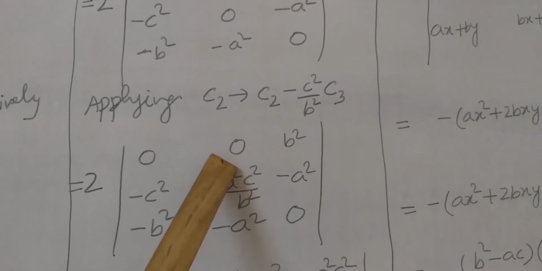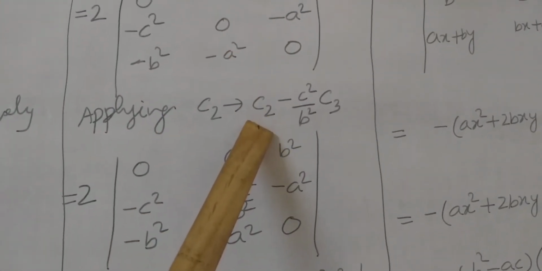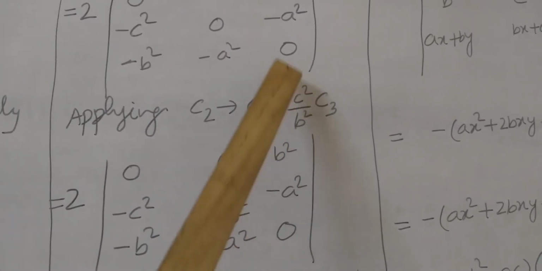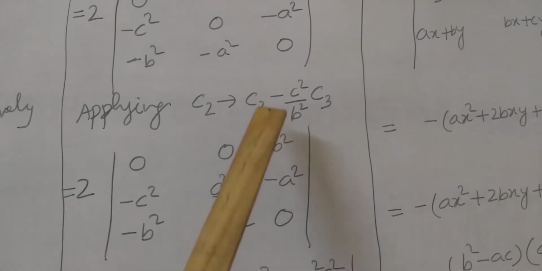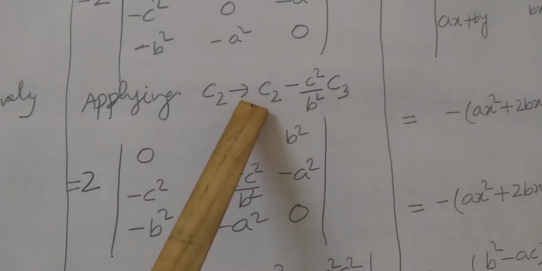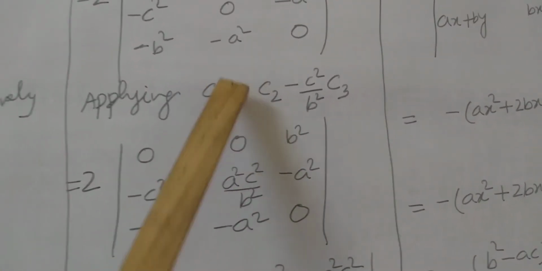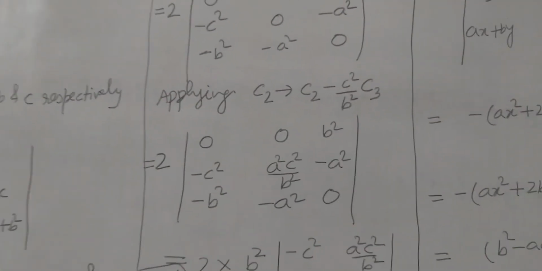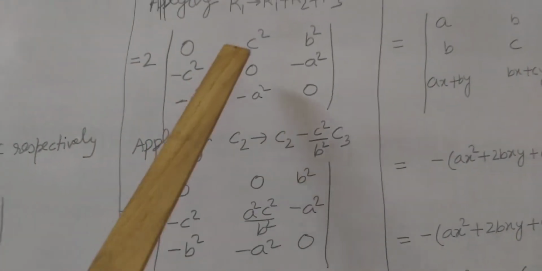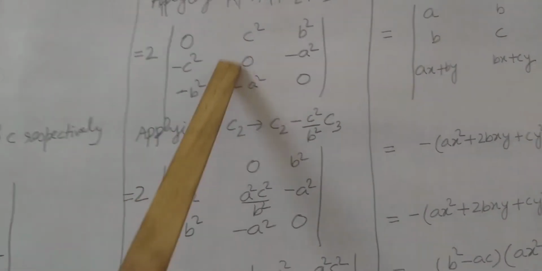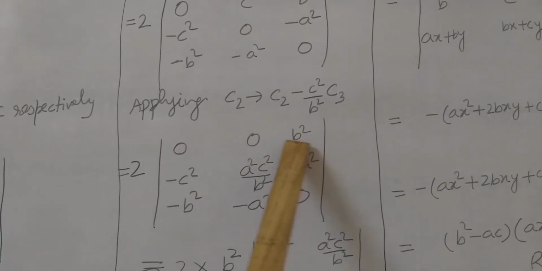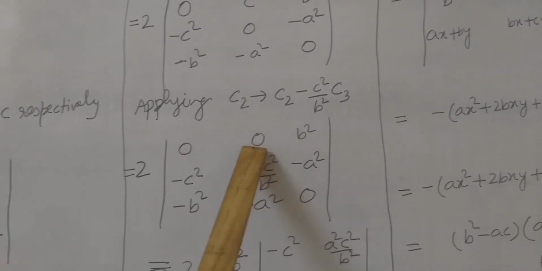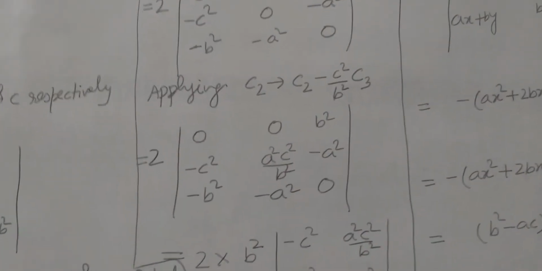Now minus A square minus C square upon B square into 0, then it will be 0. What is left? Only minus A square as it is. Correct, students? So I have changed the column, and you can see in row 1 we have got 2 zeros.